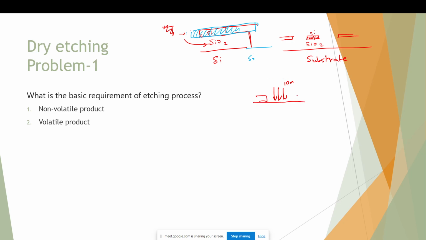So this is my PR, and because there is an electric field, these ions will come straight and bombard, or rather react, at the surface. Even though my reactive free radicals are there, they can go to the side walls or anywhere, but the ions will make sure that the reaction is most probable in the vertical direction, right. But in cases where I do not want this, I will usually go for wet etch.